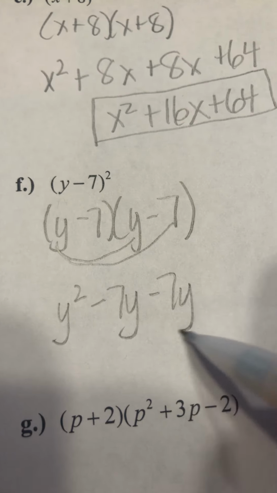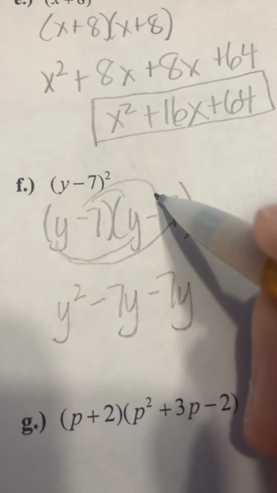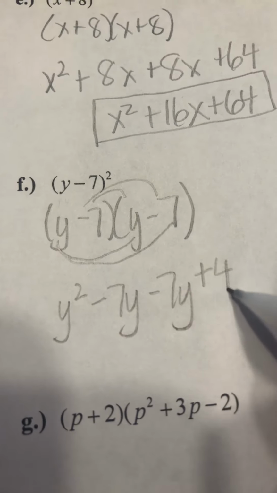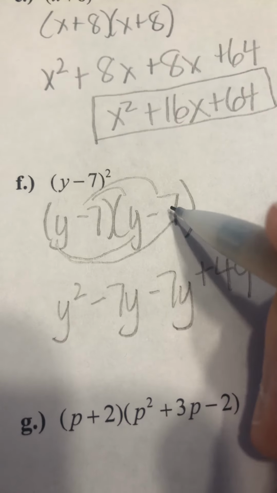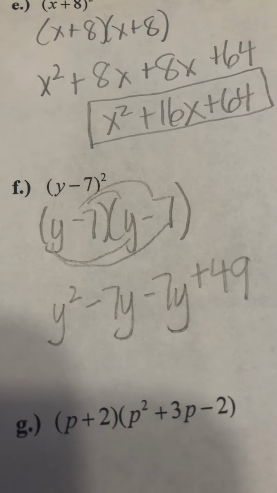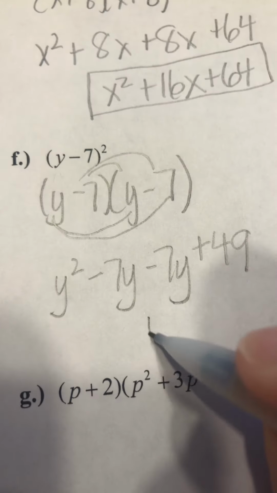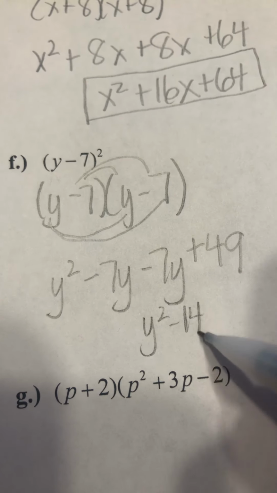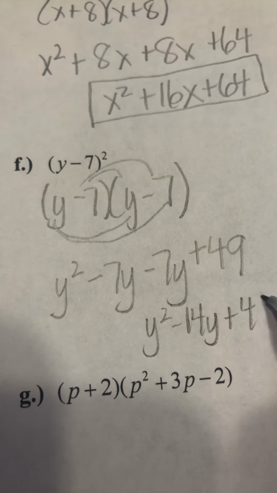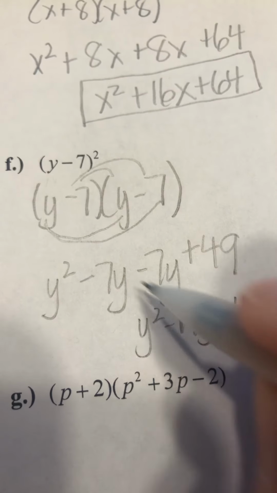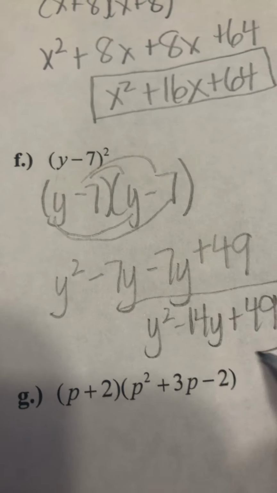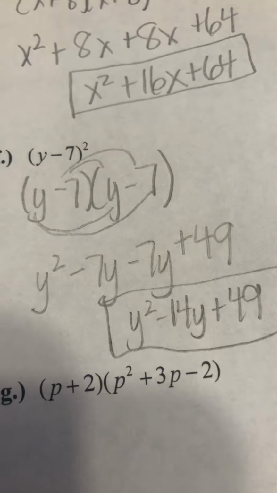Inners, it's negative 7y. Last, it's positive 49. It's negative 7 times negative 7, so it gives you positive. So y squared minus 14y plus 49. Remember those, you add the coefficients, keep the variable piece the same.